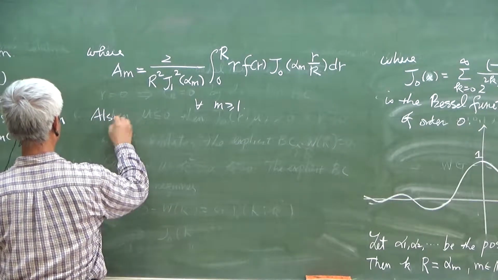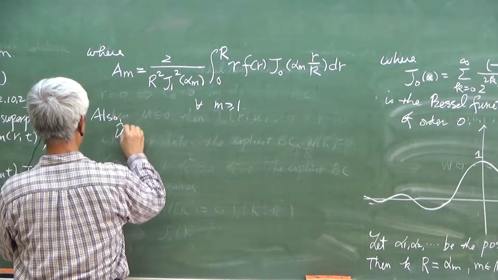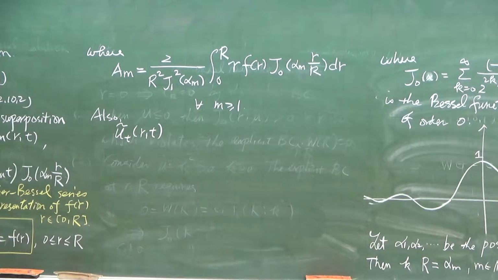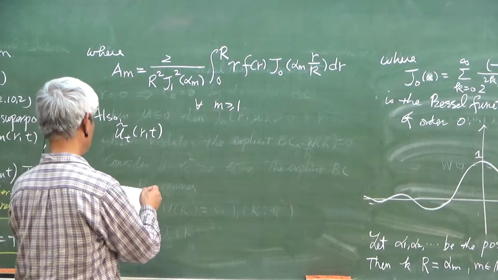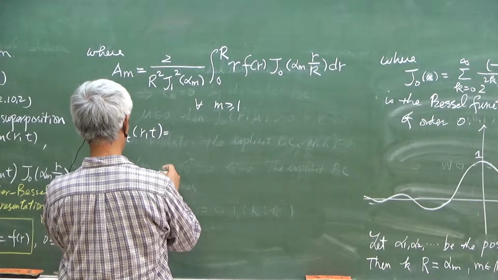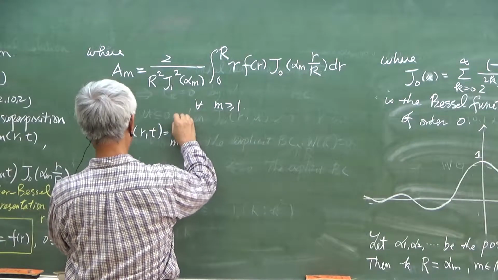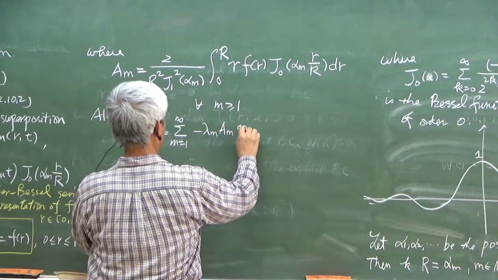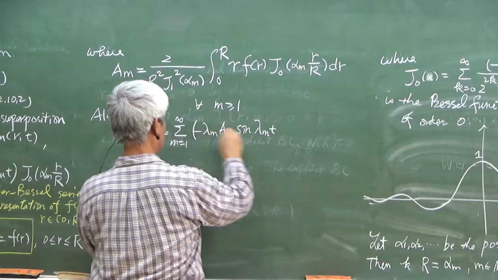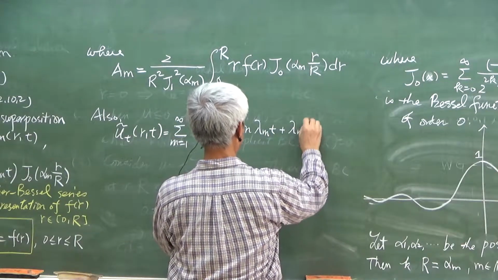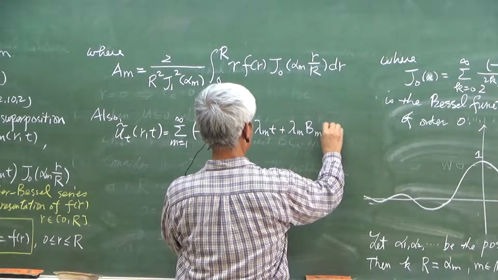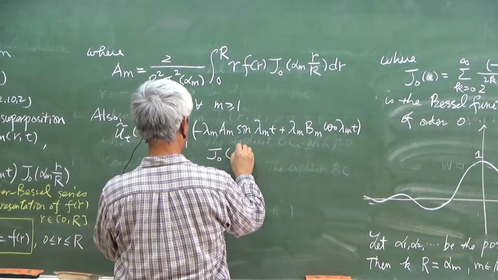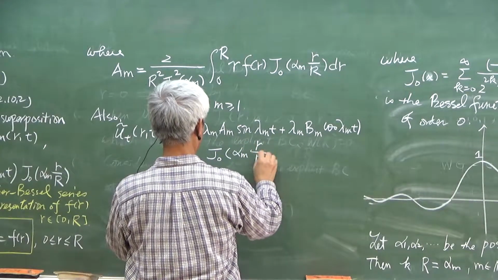Also, the partial derivative of U tilde with respect to time, so this is the velocity, is the sum of minus lambda_m a_m sine lambda_m t plus lambda_m b_m cosine lambda_m t, times J0(alpha_m r).